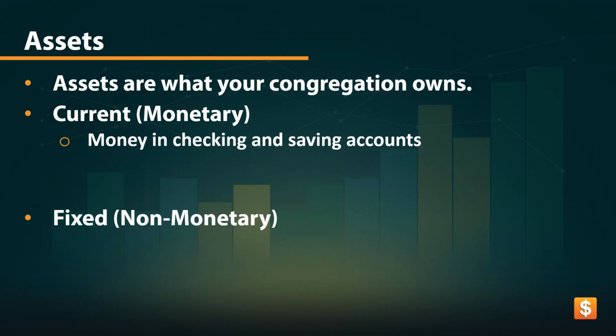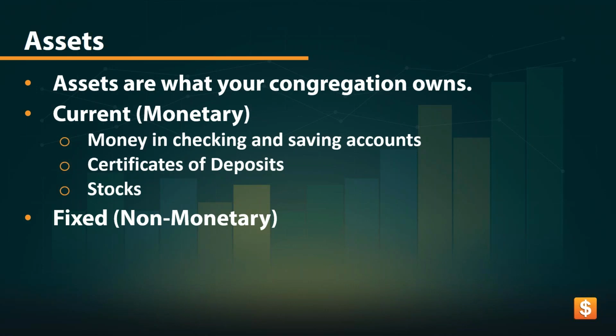When we're talking about our current assets, this is going to be money in checking and savings accounts. It could also be certificates of deposit, so CDs that you have, and it could be stocks as well, I guess mutual funds, those types of things. Every time I think about current assets, I always say to myself, these are things that are cash or could be quickly converted to cash.